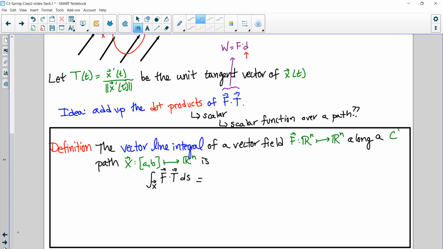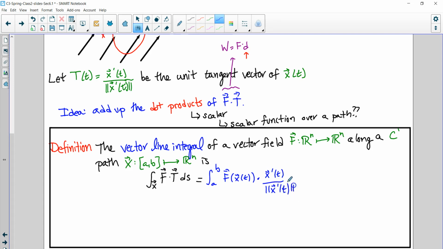Okay, so if we do this dot product, this is going to yield the integral from a to b of f of x of t, with a vector symbol over that, and I'm going to dot this with the unit tangent vector, x prime of t over the speed, the length of x prime of t.